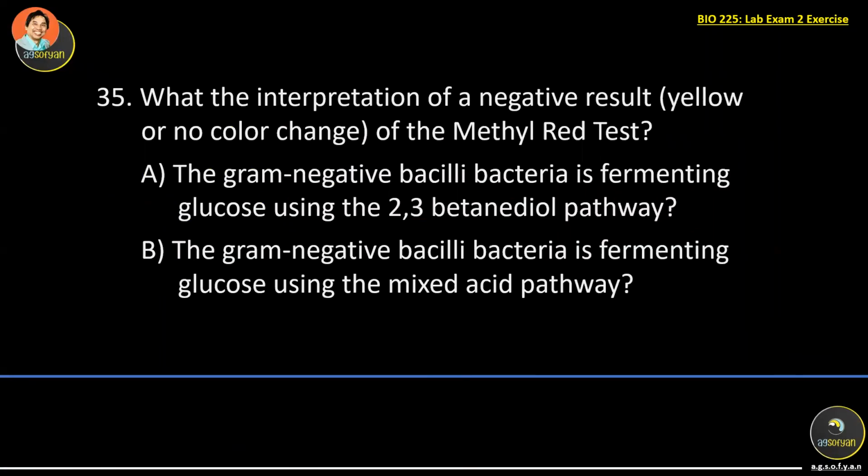What is the interpretation of a negative result, yellow or no color change, of the methyl red test, A or B? Of course, if it is positive, they are able to use the mixed acid pathway. If it's a negative result, then they only use one pathway, which is the 2,3-butanediol pathway. And it will not change the pH, it will not change the color.